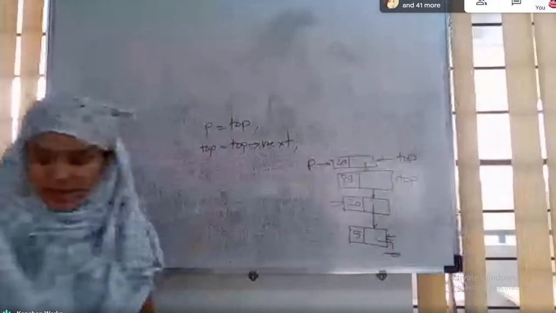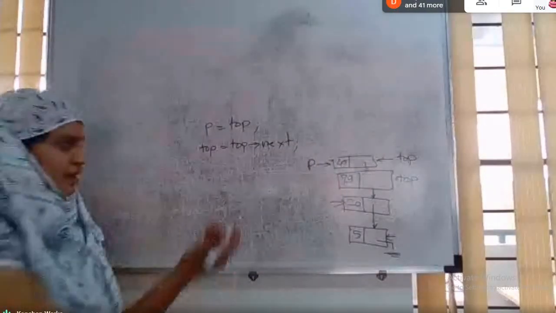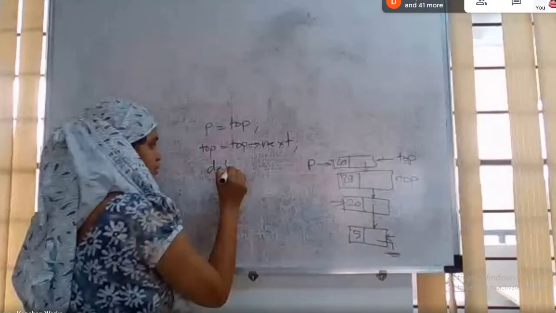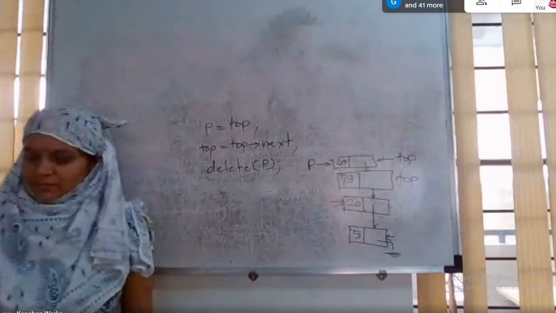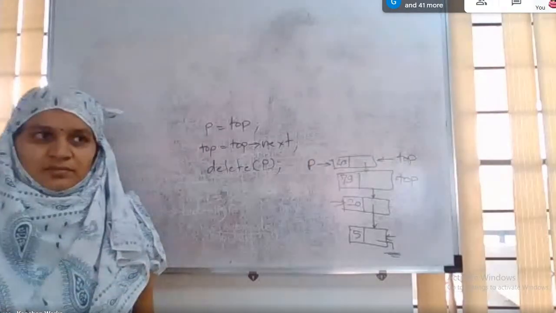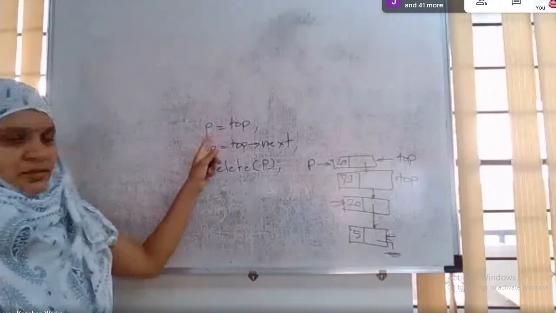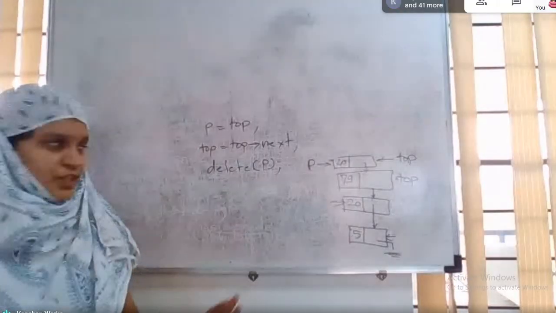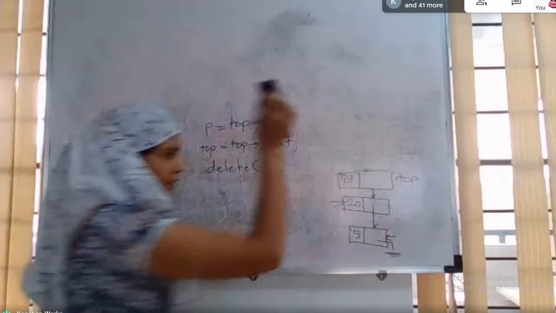So top has come here. Yes. Means now I can delete this. So I can write delete P. Okay. So these three instructions are sufficient. So now what will happen? This will get deleted.